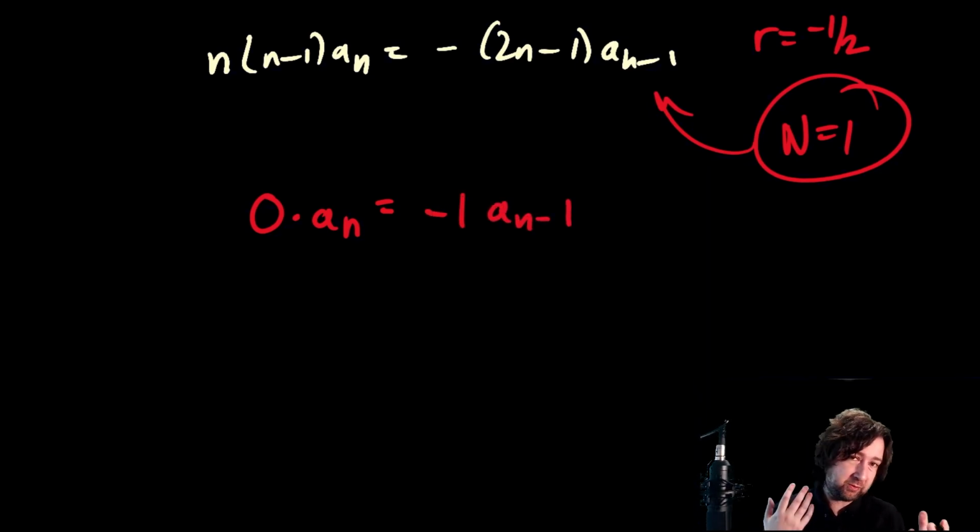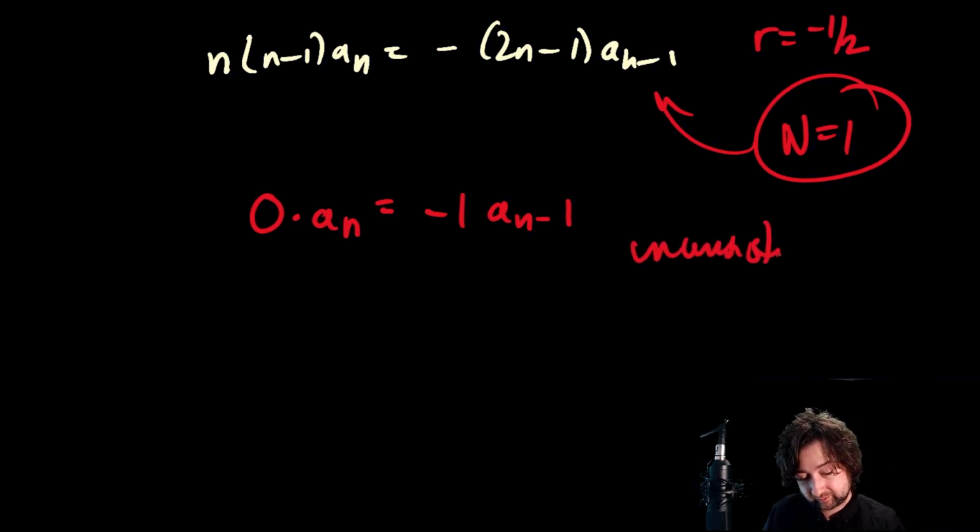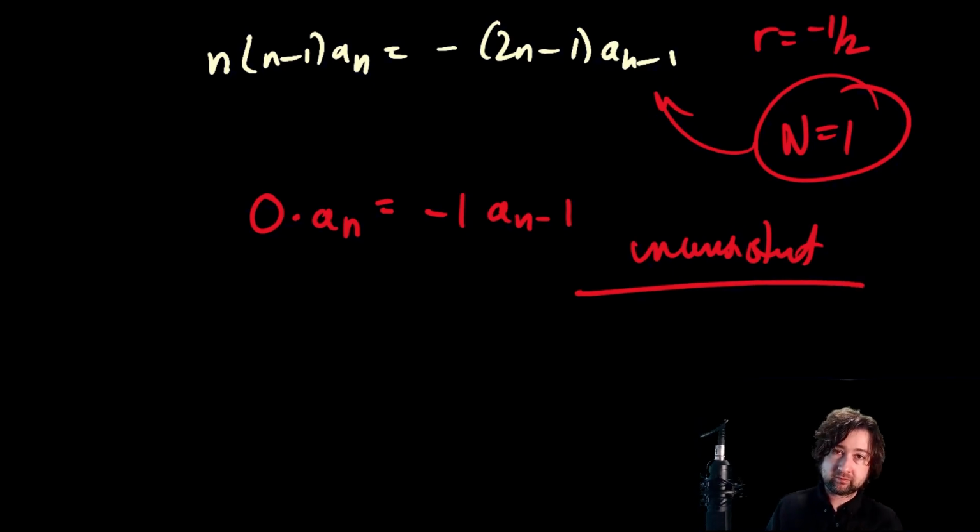So 0 is equal to something that's explicitly not 0. This is inconsistent. And that means that the A in the original problem has to not be 0. It means that the second solution has got to be more complicated than just a Frobenius series. I have to use reduction of order.